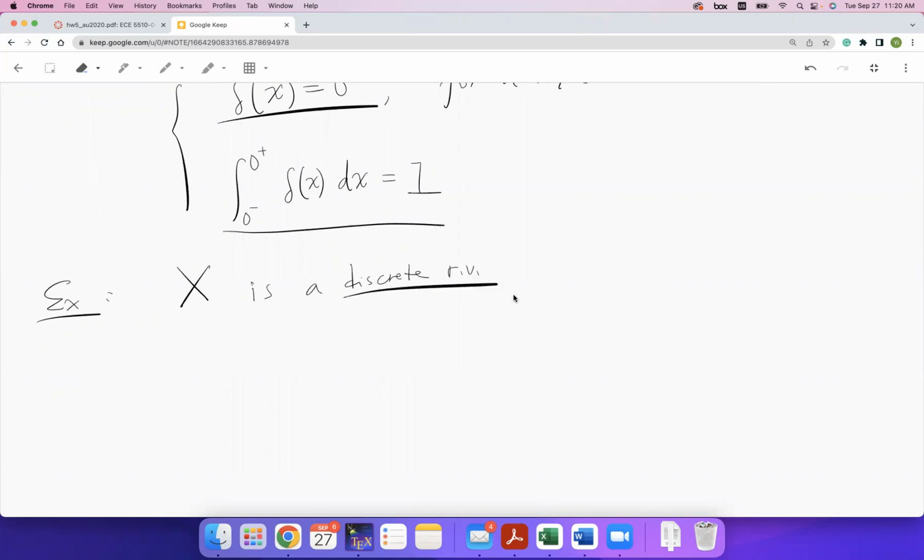Discrete random variable means that X only takes discrete values. So for every outcome, X will map this outcome to a discrete number of real numbers, which means that it takes a discrete number of values.